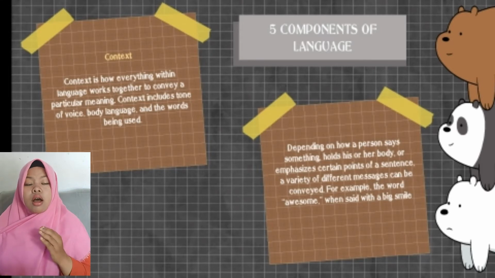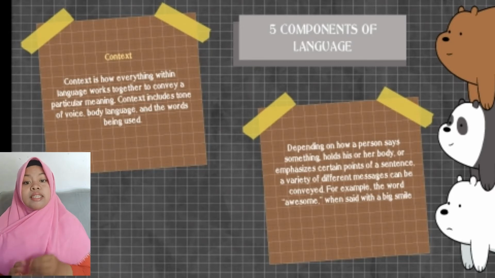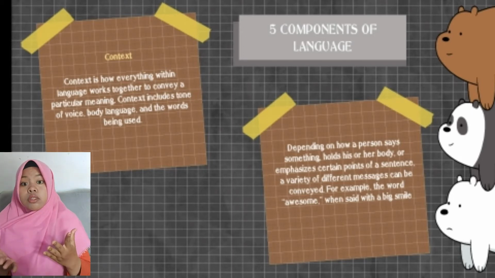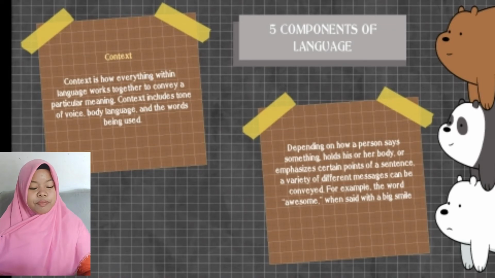Depending on how a person says something, holds his or her body, or emphasizes certain points in a sentence, a variety of different messages can be conveyed. For example, the word awesome when said with a big smile. Awesome! Like that.